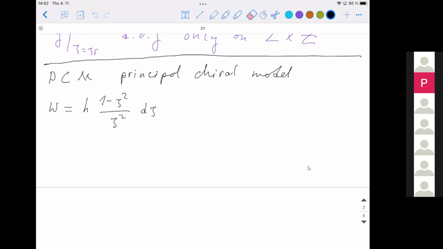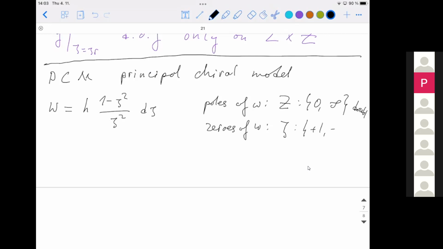So here the omega is like this, then that means the poles of omega are either 0 or infinity, and this is a double pole, both of them, and then the zeros of omega are either +1 or -1.